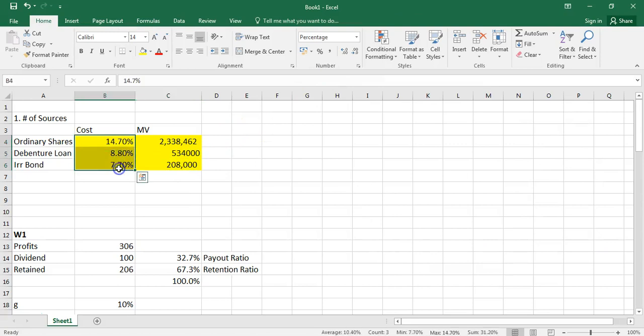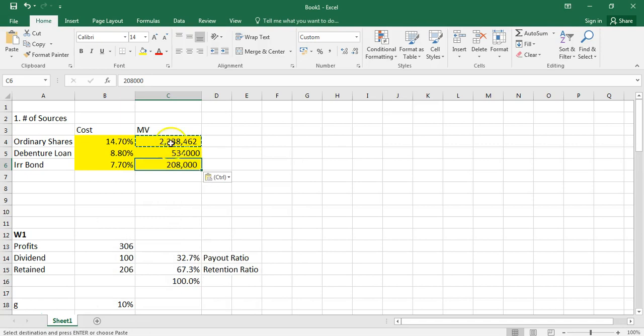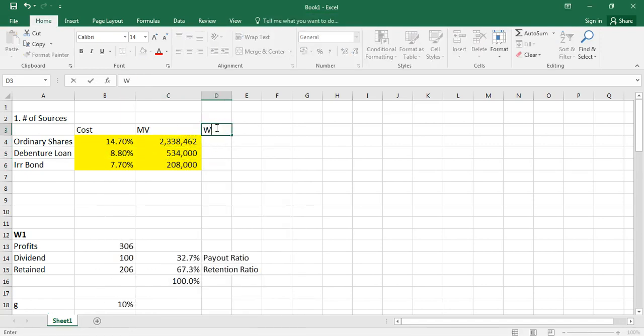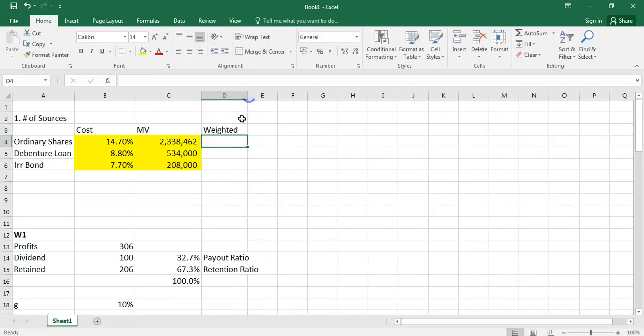And that's your first step always when you're calculating the WACC: you get the three costs, or depending on the number of sources, and you get the market values. To finish it then, you need to get the weight, because we need to get a weighted average. That's what WACC stands for. How we get the weight is we get what percentage of each of the market values. The total of the three market values added together is 3,080,000. So you might have a small bit of rounding.